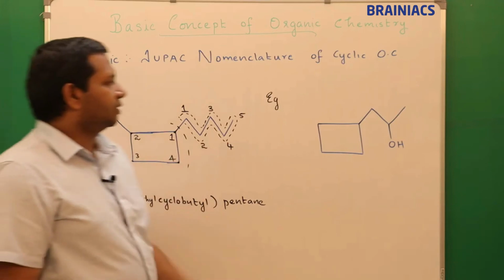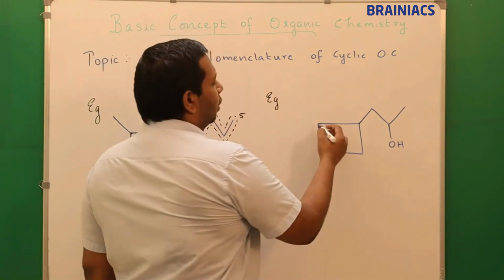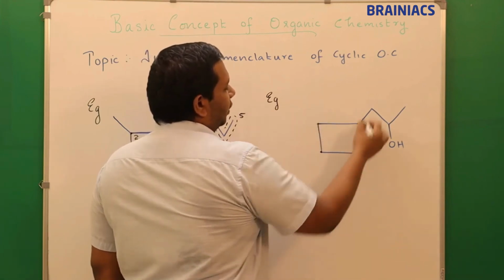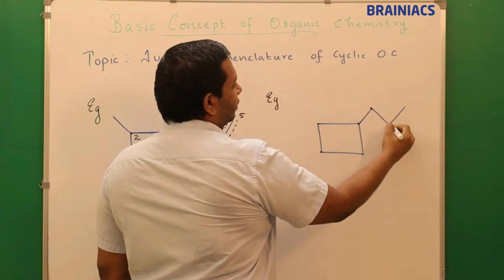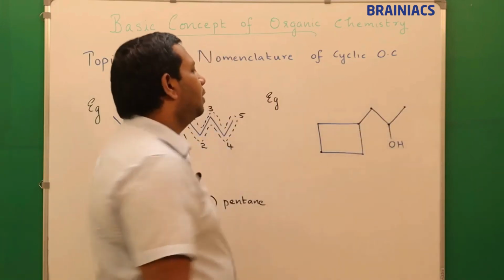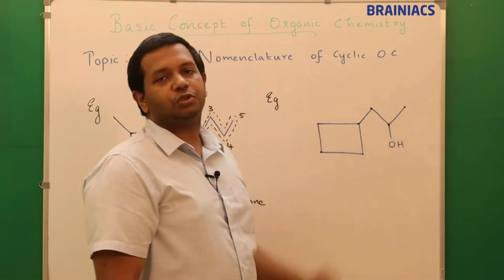Now coming to the next example, very good example. Listen here. If you count the number of carbon atoms, I understood this is 4 carbon atoms. Now when I am looking at the side chain, how many carbon atoms are there? 1, 2, 3, 4. So whenever there is an equal number of carbon atoms, the cyclic compound should get the priority.